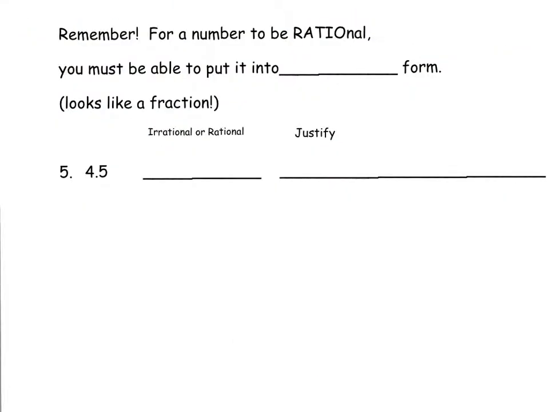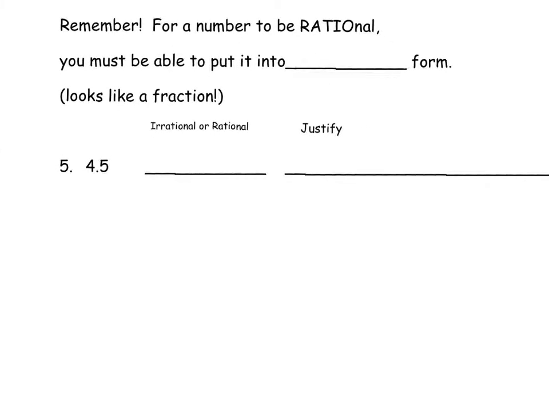Alright, so for some of your assignment, you're going to be changing those repeating decimals to fractions, but some of your assignment is exactly what we were doing in our last lesson, deciding if a number is rational or irrational, and then justifying. So I want to remind you, for a number to be rational, so ratio-nal, you must be able to put it into A over B form.